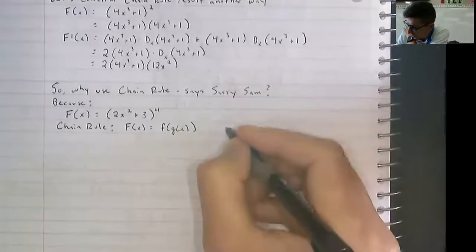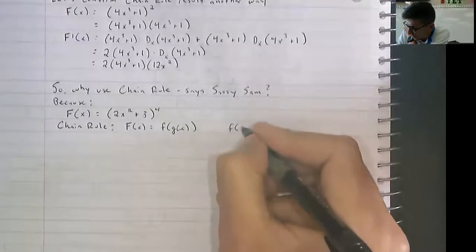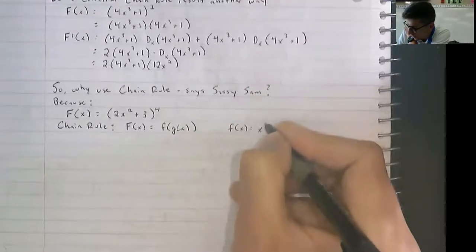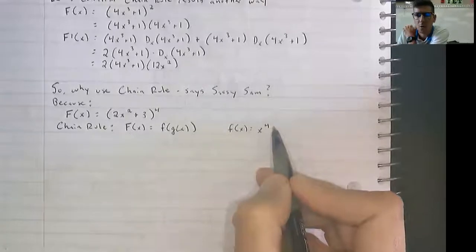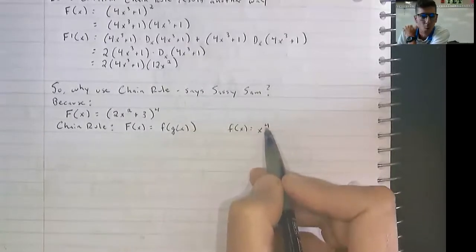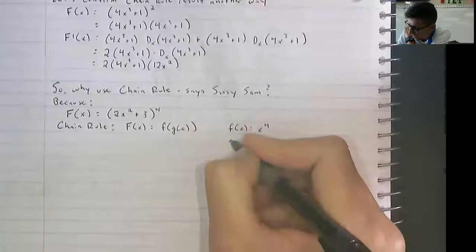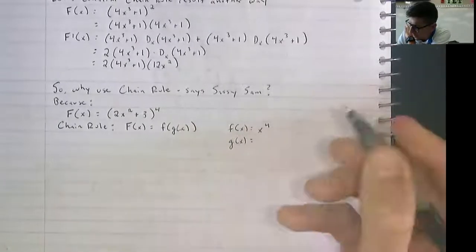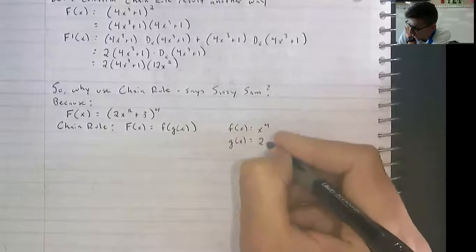And we'll say that the outer function f of x is the quartic function. That's always been a weird word to me. Quartic. And the inner function g of x is equal to 2x squared plus 3.